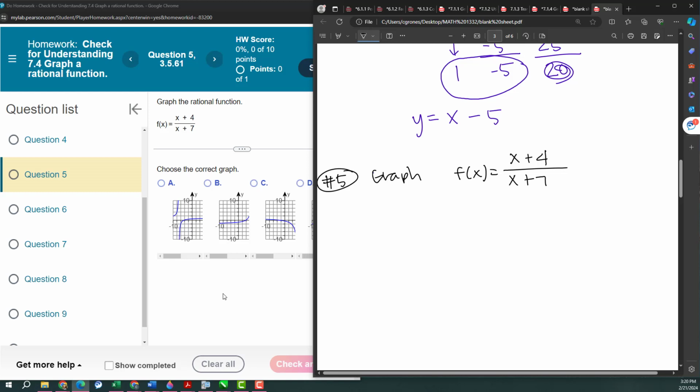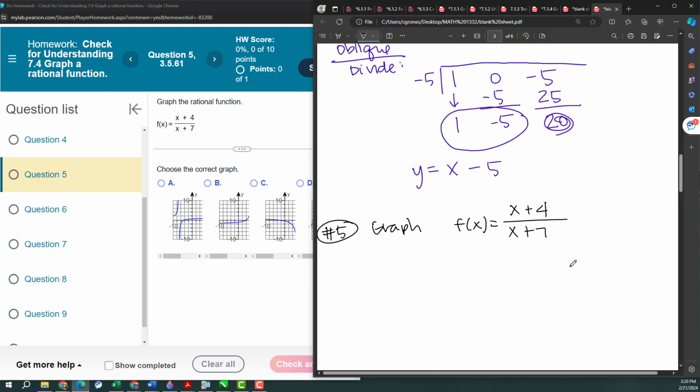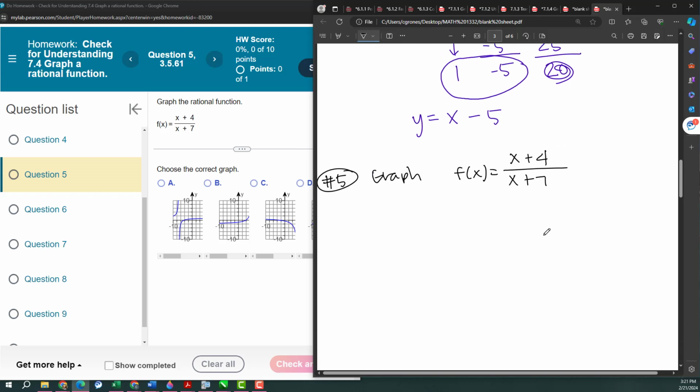For those that do not have a calculator, you're going to want to follow the rules from your notes, the translations and the shifts. Find your asymptotes. So let's start by looking at our vertical. I've got x plus 7 equals 0, so x equals negative 7.